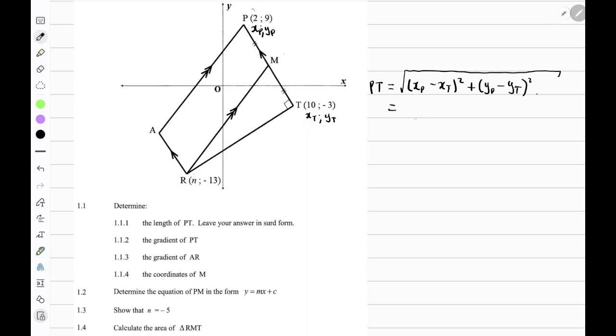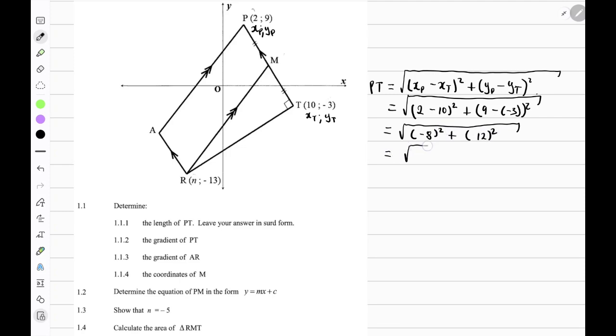So this is equal to the square root of 2 minus 10 squared plus 9 minus negative 3 squared. This is equal to the square root of minus 8 squared plus 12 squared, which is the square root of 64 plus 144, which is 208. So PT is the square root of 208 units.